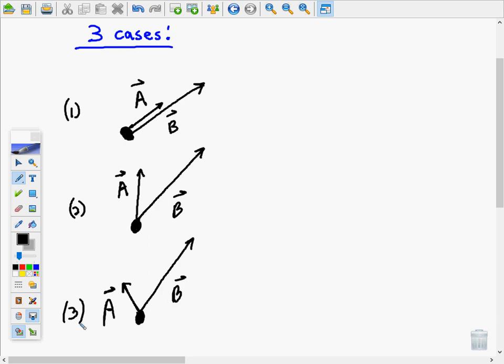In which case would the magnitude of the dot product be the greatest?